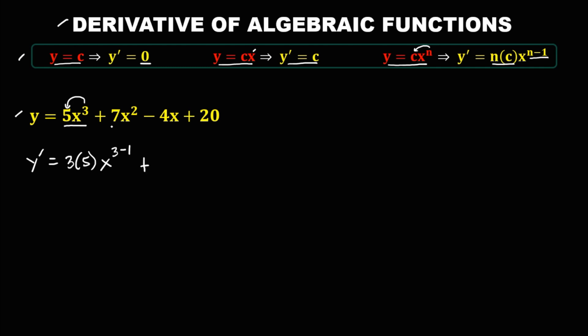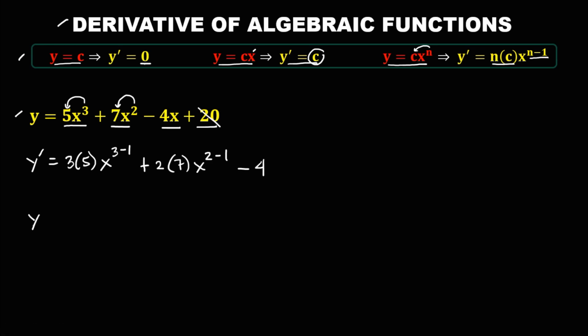Then plus, for this 7x to the power 2, multiply this exponent to the constant, so we have 2 times 7, then x to the 2 minus 1. Then minus, for this constant and a variable, that's equal to the constant, so this is equal to 4, and for the derivative of a constant, that's equal to 0.